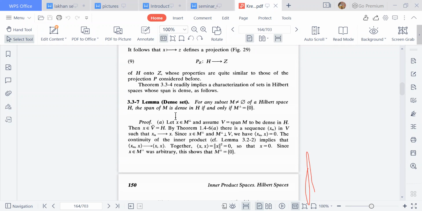Span of M contains such elements that every element in span of M is expressed as a linear combination of elements in M.